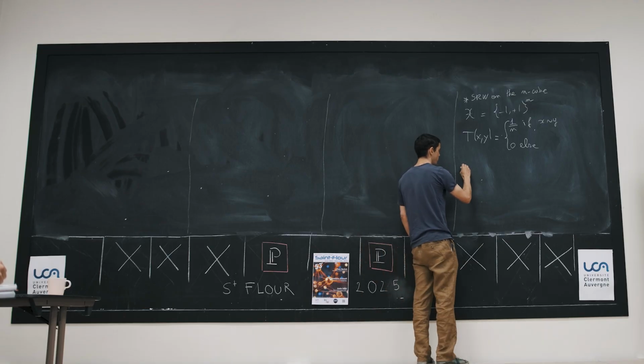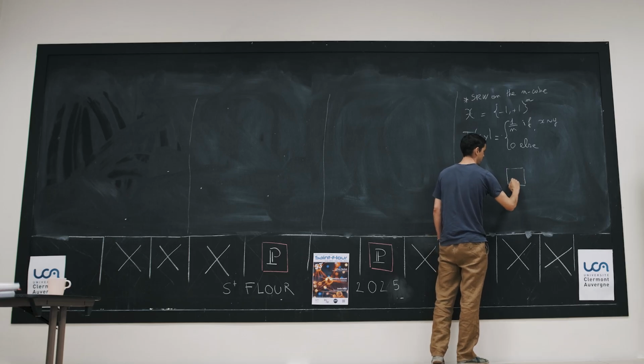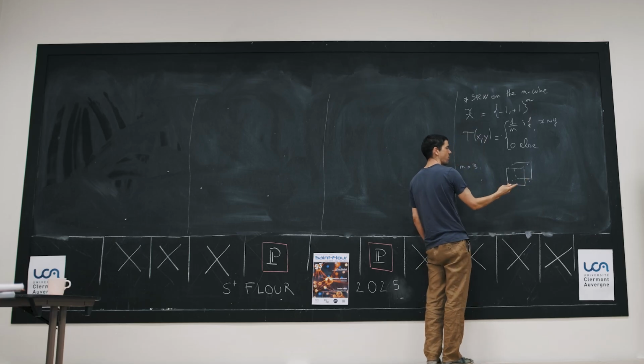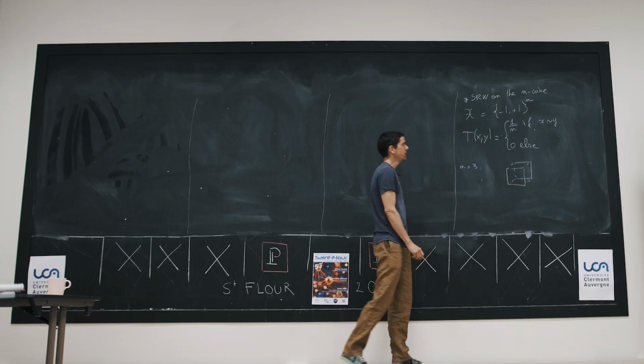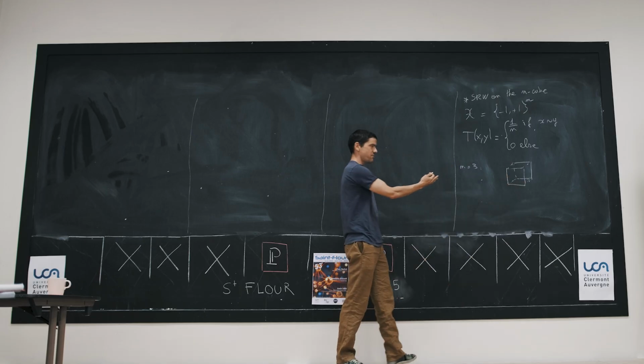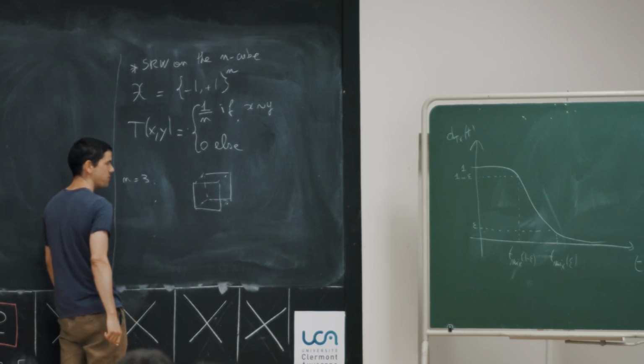Okay, so just a picture for n equals 3. Right, so this is the graph, and whenever the clock rings, you move to a uniformly chosen neighbor in this graph. Again, it's a very symmetric model. So every state in the state space plays the same role.